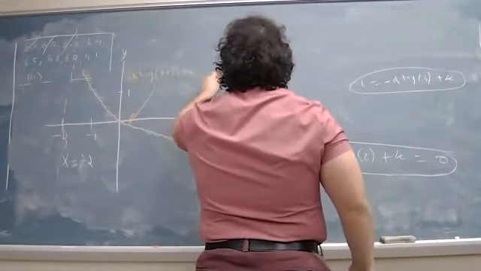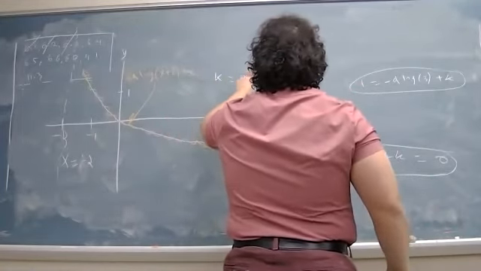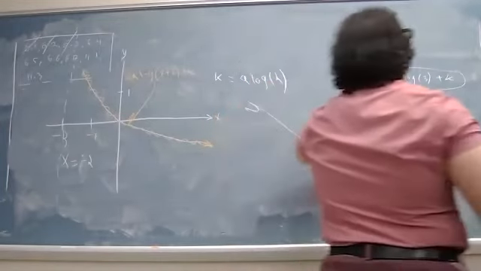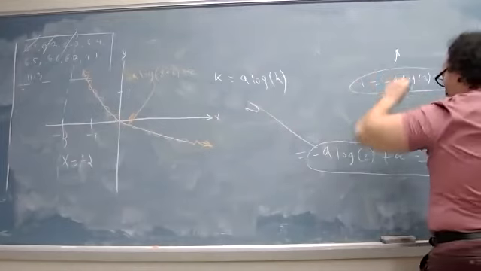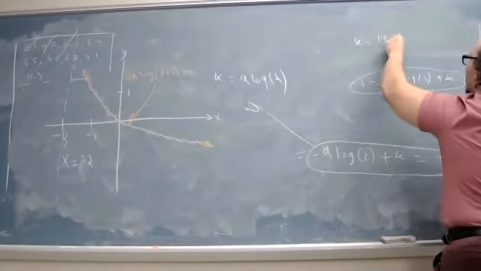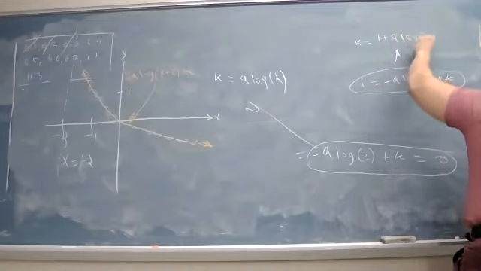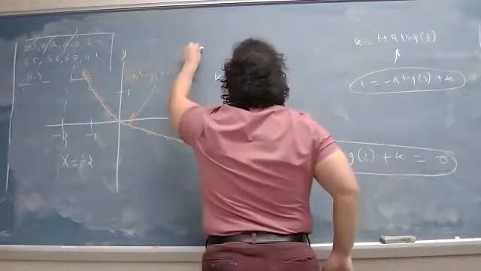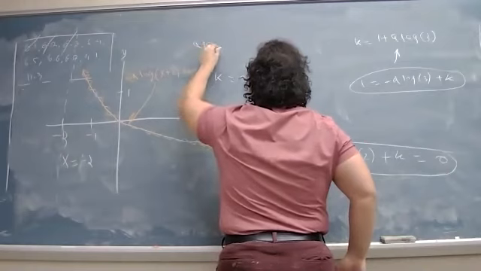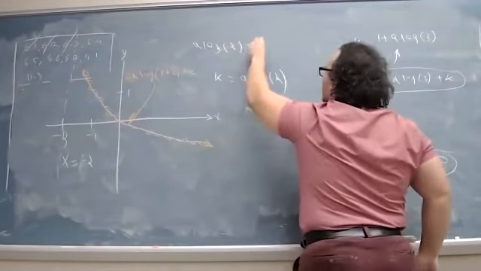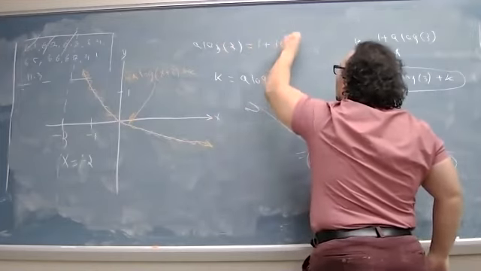We get k is equal to a log of 2. Over here, we get k is equal to 1 plus a log of 3. But k is equal to k, so that means a log of 2 is equal to 1 plus a log of 3.